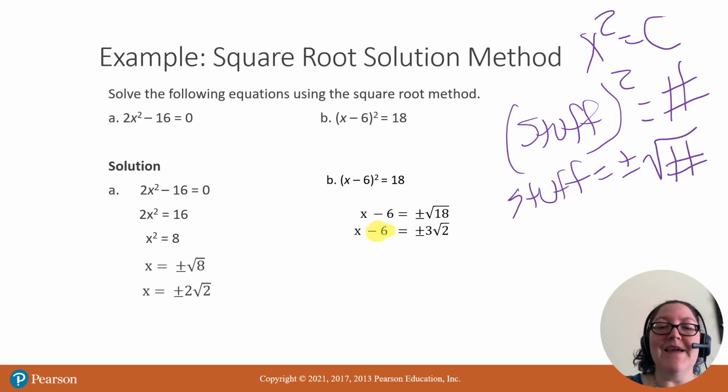However, I cannot add 6 to this, because I don't know if I'm adding or subtracting the 3 square roots of 2. So what we're going to do is just move that 6 over and put it in the very front. And so we get 6 plus or minus 3 square roots of 2, and we're good to go. That's it. That's all you need to do.